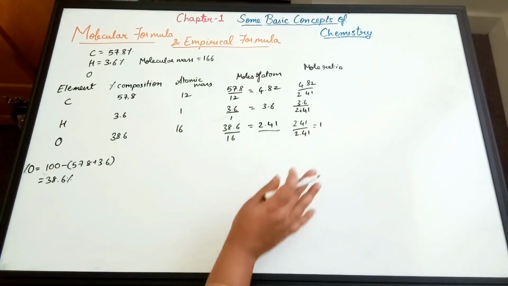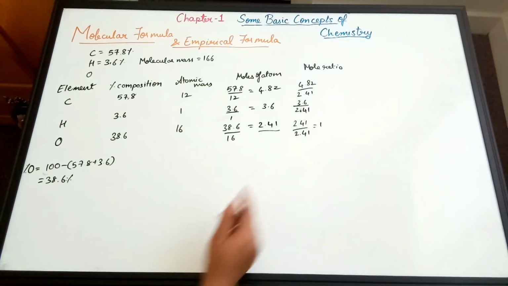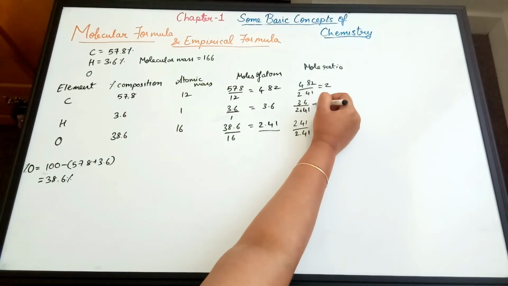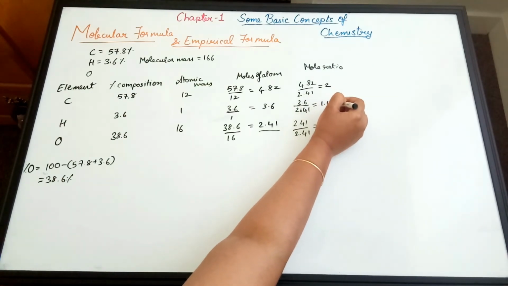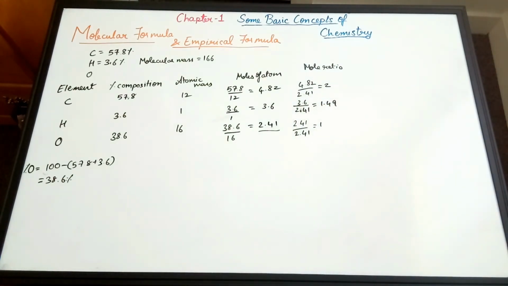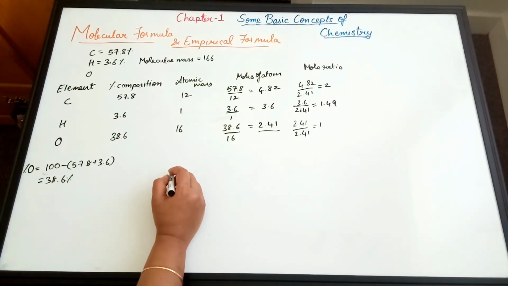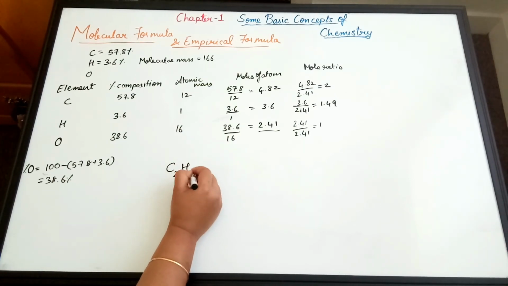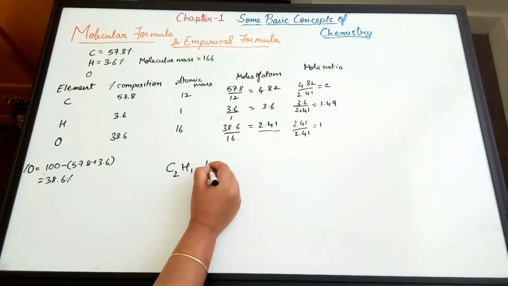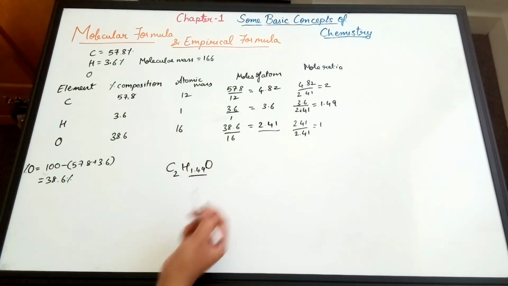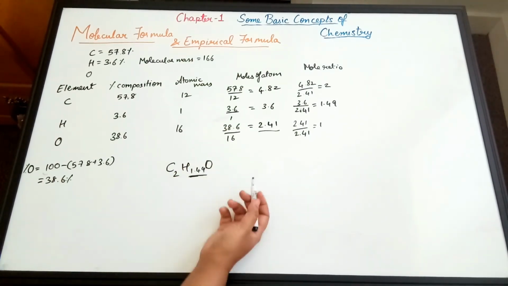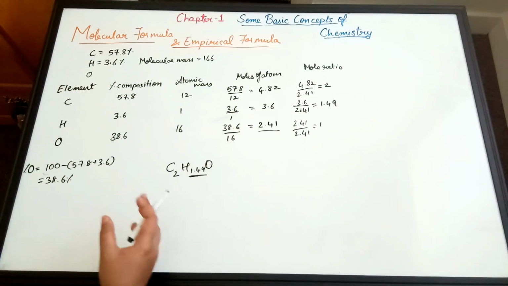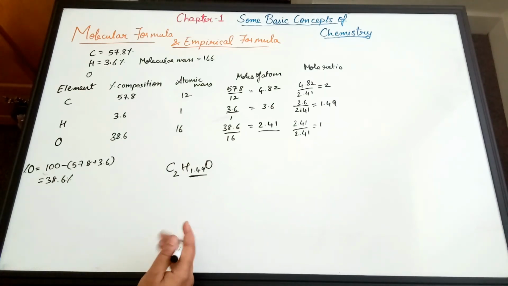This gives us 1, the easiest. The other two simplify to 2 and 1.49. Our ratio for the empirical formula is supposed to be a simple whole number ratio. So I can't just say C2H1.49O. Do you think this will be right? Because 1.49 would mean there is 1.49 part of hydrogen, which is not possible.